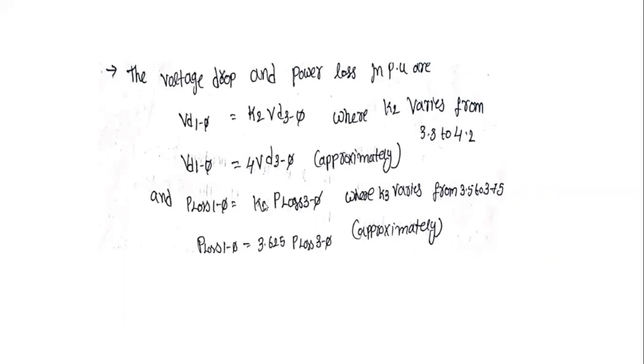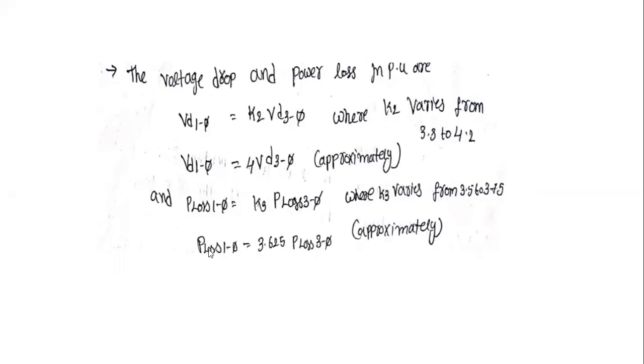The power loss is equal to K3 times the power loss of three phase, where K3 varies from 3.5 to 3.15. Therefore, power loss single phase is equal to 3.625 times the power loss for the three phase.